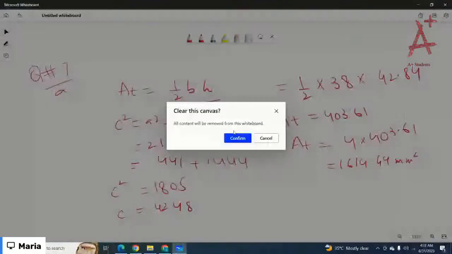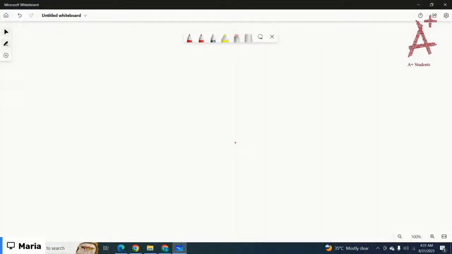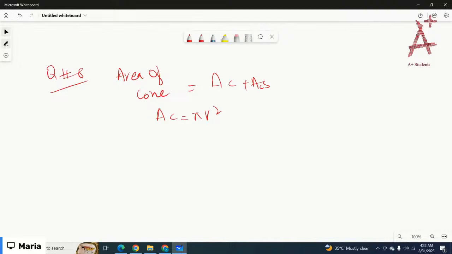To calculate the area of the cone. So the area of the cone is the area of the circular base and the area of the curved surface, right? And the area of the circle, we know that, is pi r square.